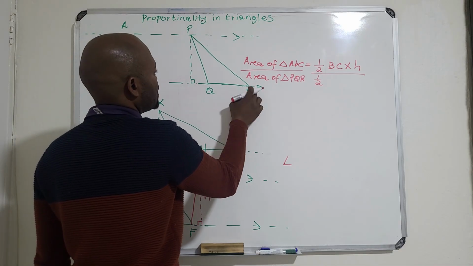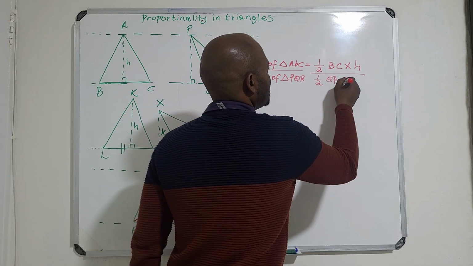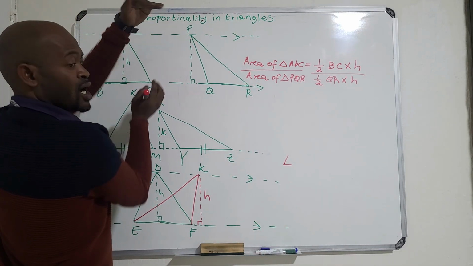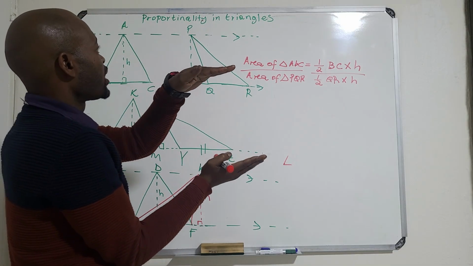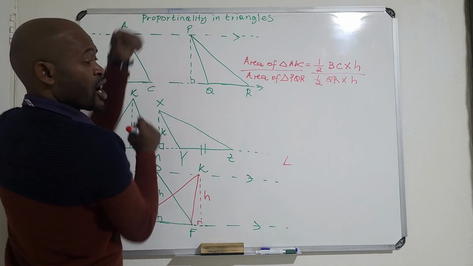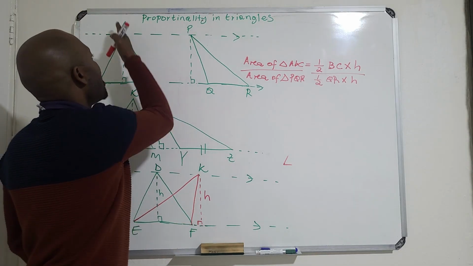Obviously, our base is that, which is QR, times height. Since the two triangles are inside two parallel lines, they are between two parallel lines. Since these two triangles are between two parallel lines, it means that they have the same height.